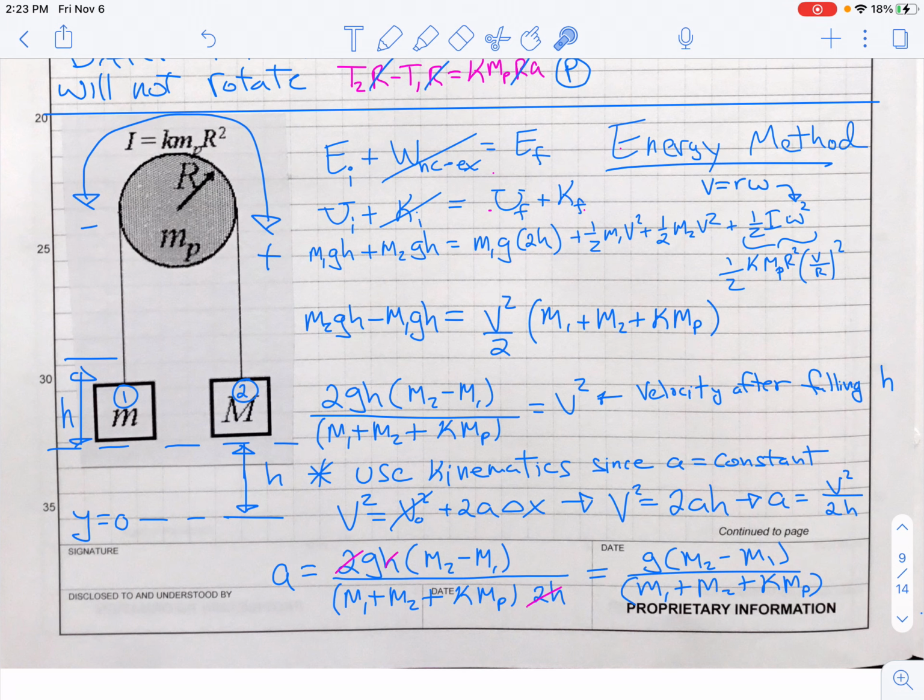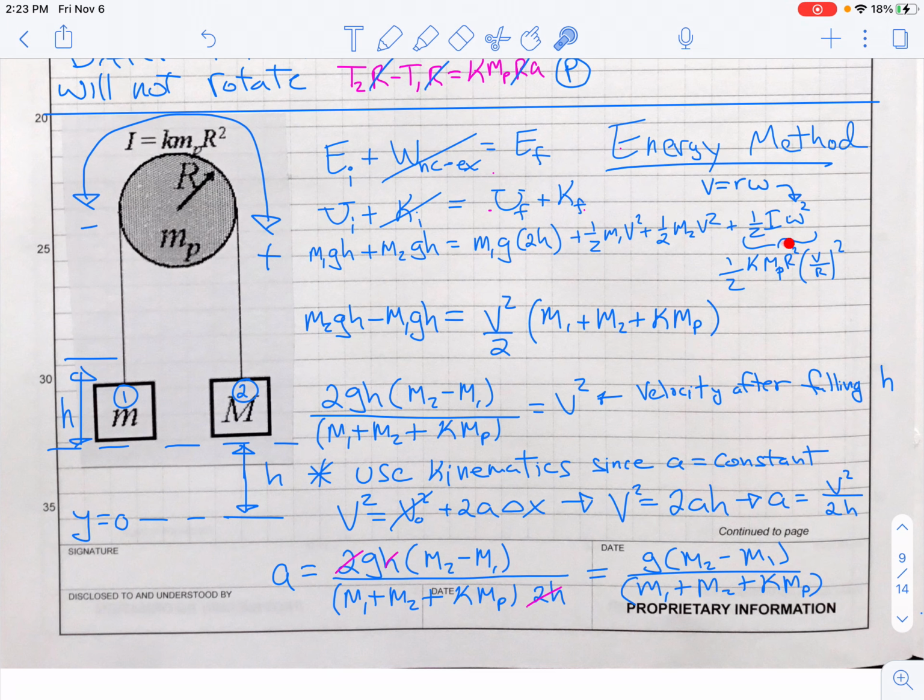At the end, this mass is down at y=0, and this mass is up at 2h. So you got to make sure you include that final term there. And then both masses are moving with a velocity of v, and the pulley is rotating with energy 1/2 I omega squared, and omega is v over r.